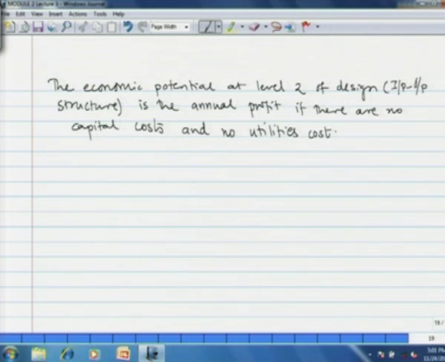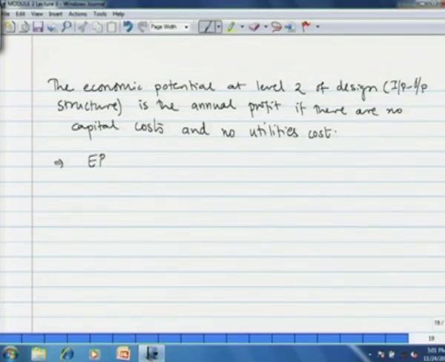Now, if the economic potential at this stage comes out to be negative, then the process is absolutely unprofitable. That means there is no point in designing the process further.